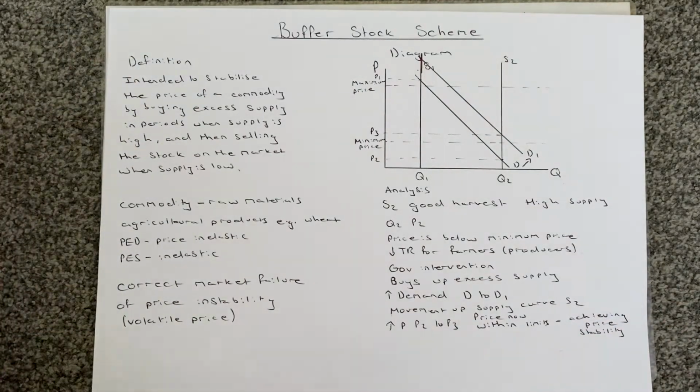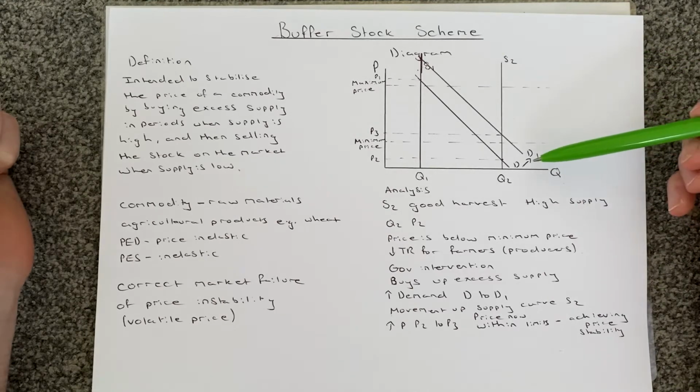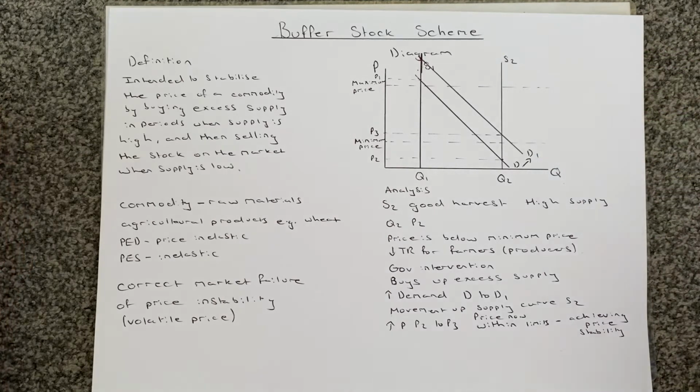So we've shown there, when we've had a good harvest, a large supply, how a buffer stock scheme would work. Okay, so now let's focus on when there potentially is a poor harvest, for example.